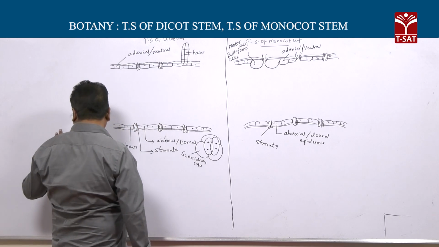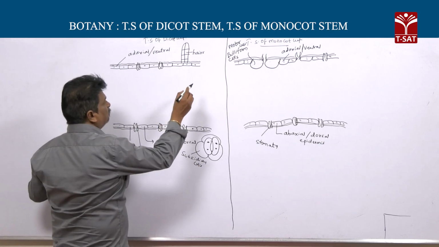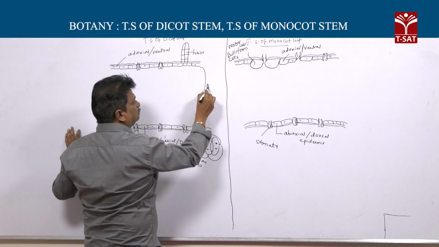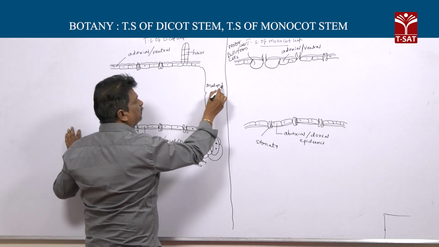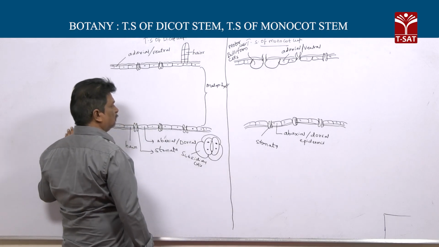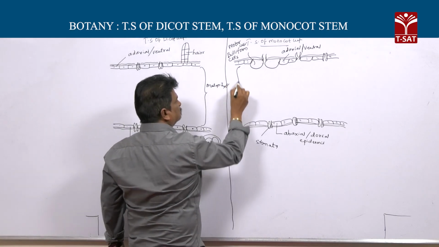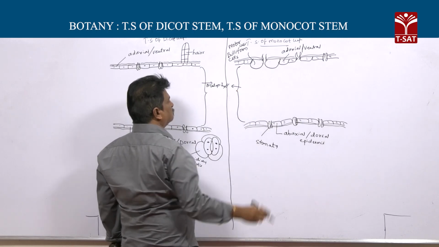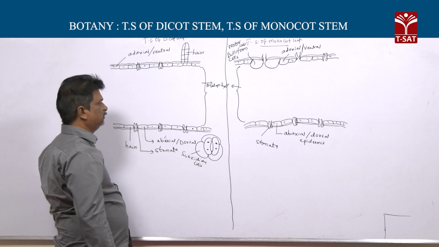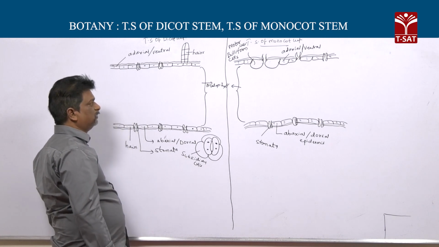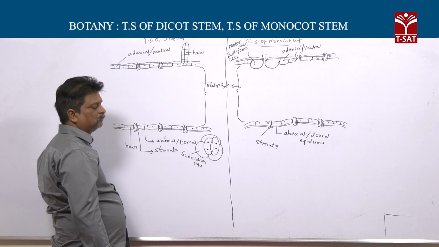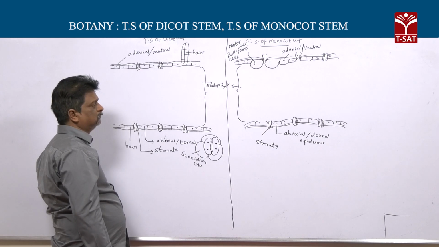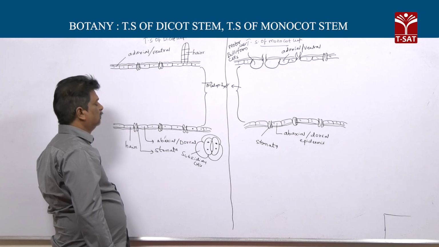The next one, mesophyll. The portion in between the upper and lower epidermis is called mesophyll. Mesophyll is present in both leaves, and it is dominantly parenchymatous.